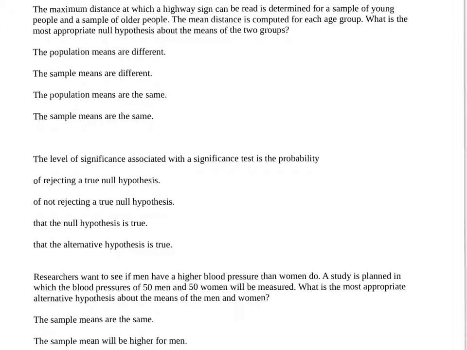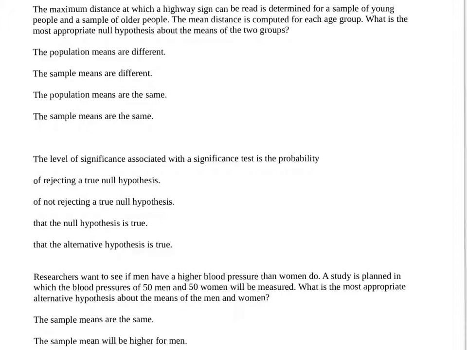So let's look at these two here, of rejecting a true null hypothesis, of not rejecting a true null hypothesis. If a p-value is low, let's say it's 0.01, that would mean we have about a 1% chance.